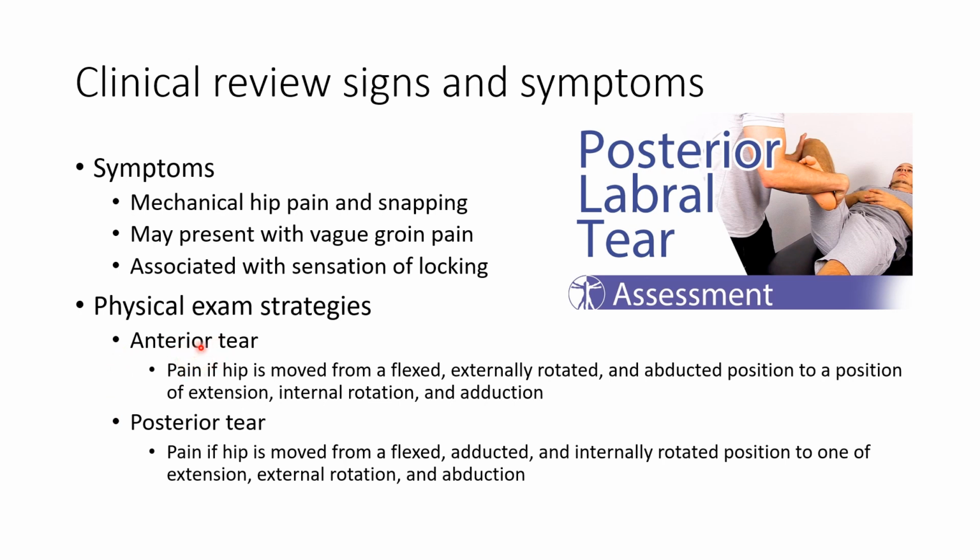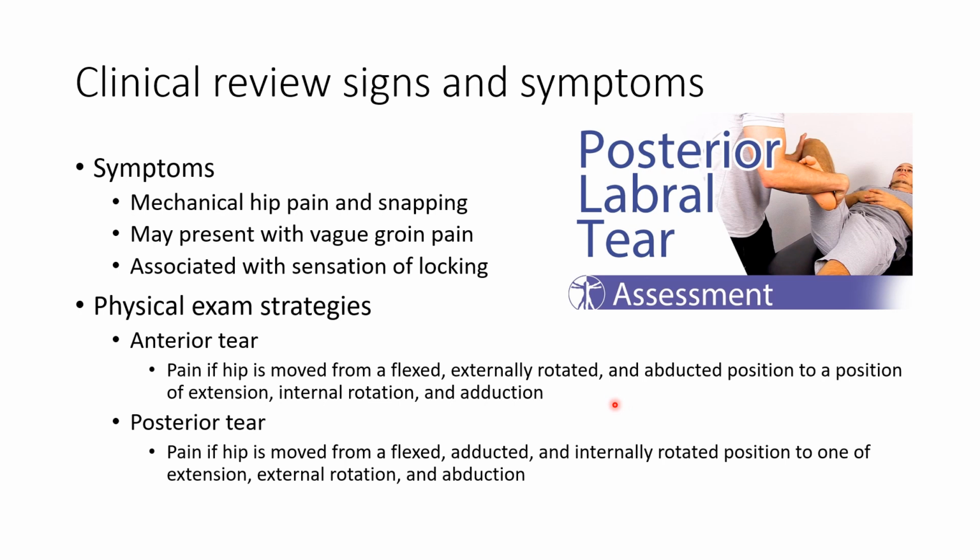So if they have an anterior tear in the labrum, they'll have pain when you start with the hip flexed, externally rotated, and abducted. So FABER, right? And then you extend the hip, rotate the hip internally, and then adduct it.